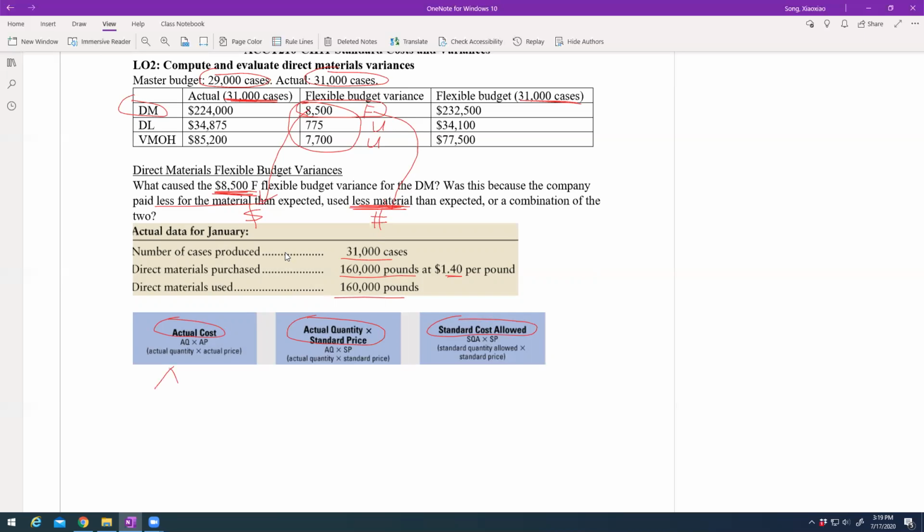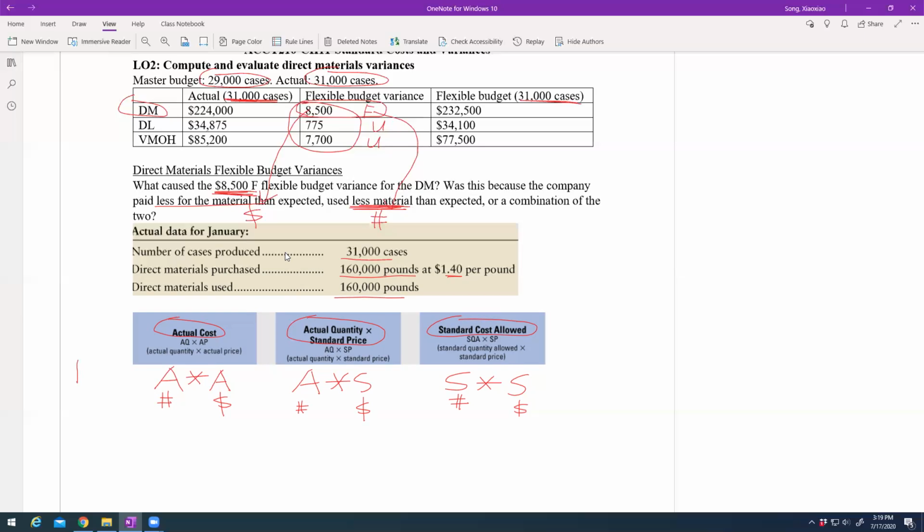The standard cost is the standard quantity times the standard price. And the middle is the combination of both: actual quantity times the standard price. So I put the formula here, then we put the numbers.